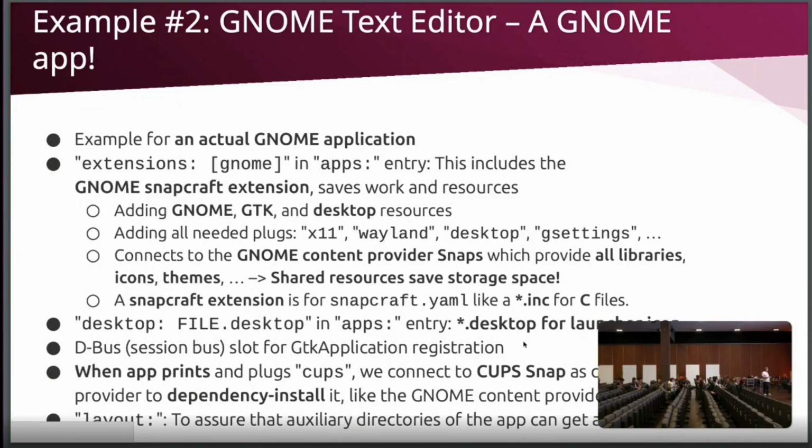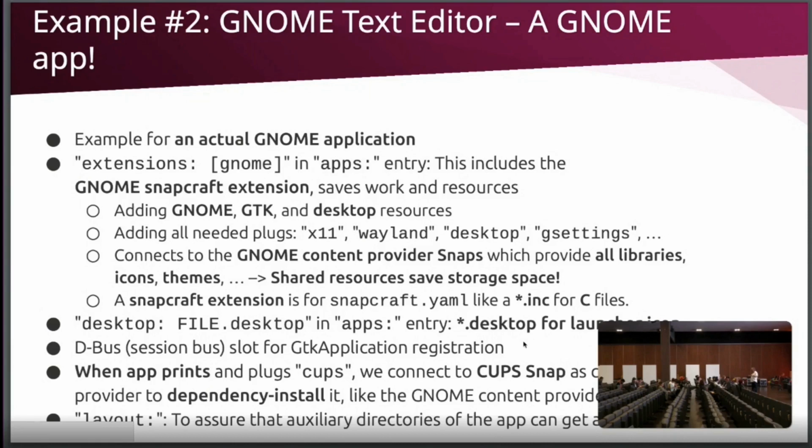Then you also have to create a slot. Your interfaces have plugs and slots. In the first example, you have used the plugs x11 and wayland, and these plugs plug into a slot provided by the core snap to have the access to X11 or to Wayland.